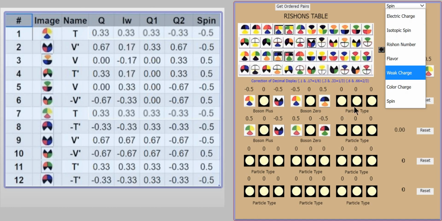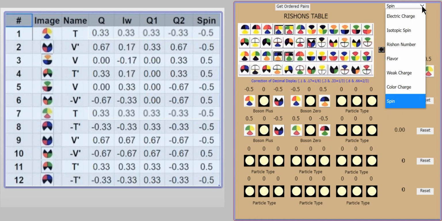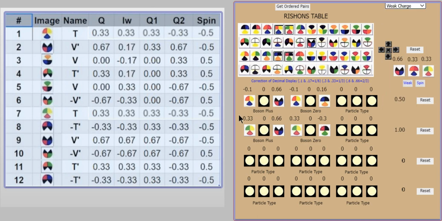For example, on this W boson, we have the -1 for its intrinsic spin, which is the correct quantum. But its weak isospin should be +1, and it is +1/2.